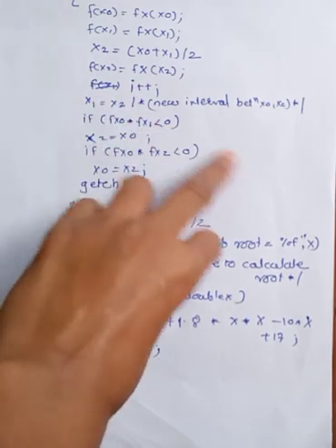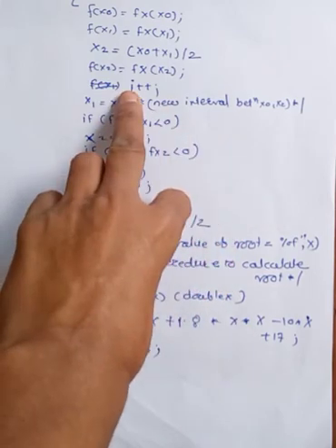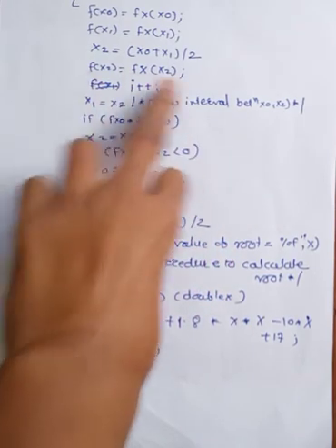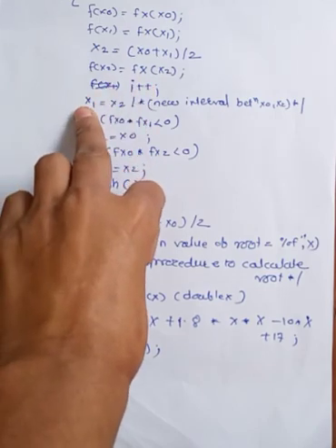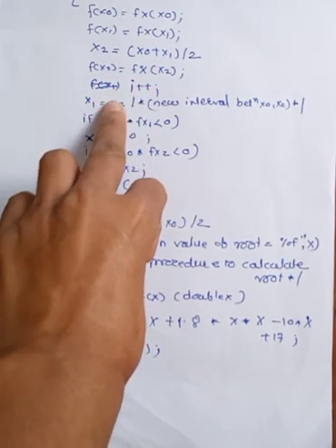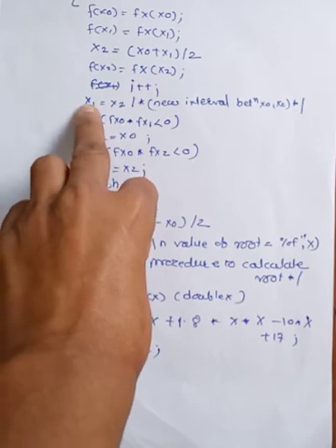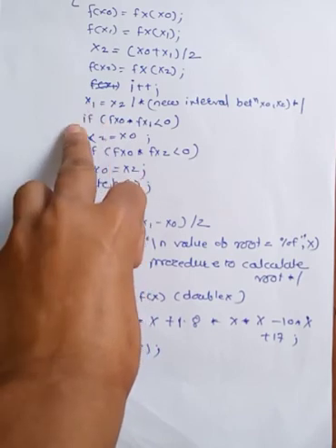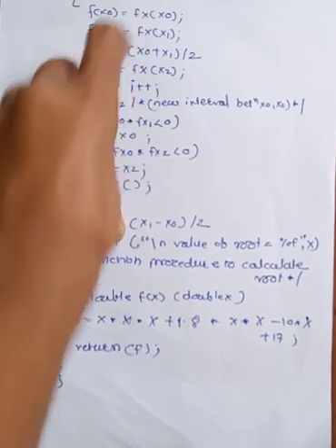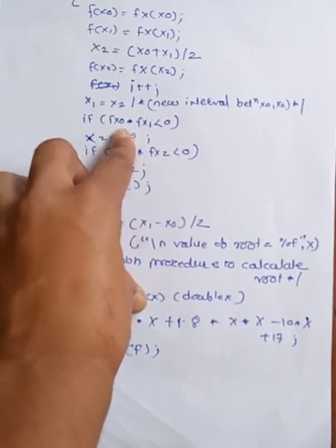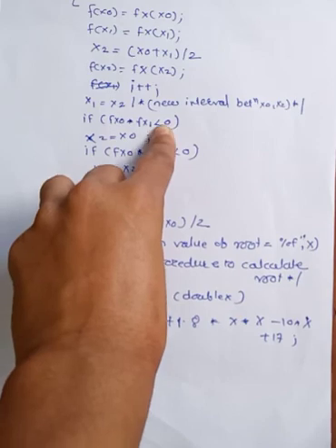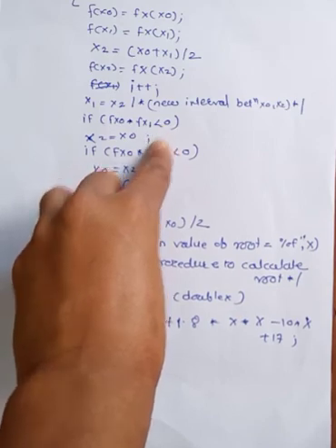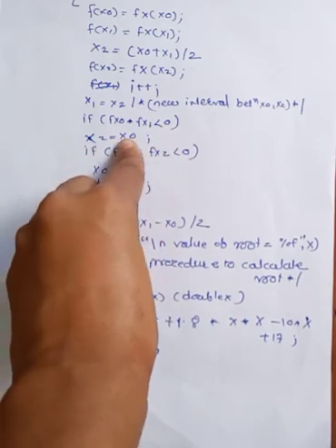Okay, i plus plus. Now the value of i is increased. Initially it is defined as 0. Once you obtain this, you can increase the value by 1. Okay, if f of x1 is less than 0, then if this condition is true, then x1 is equal to x2.